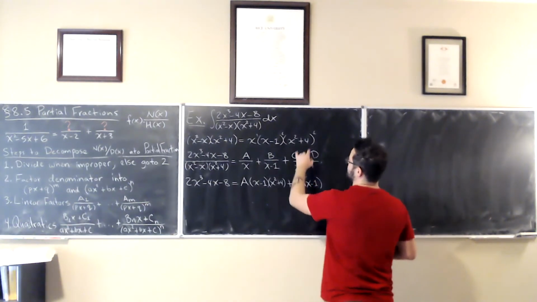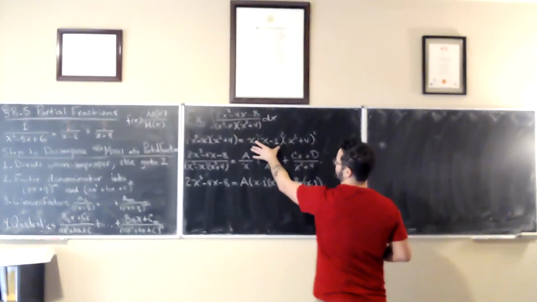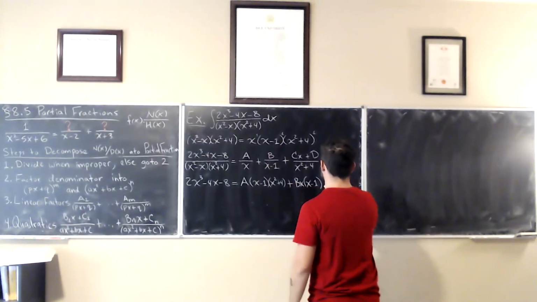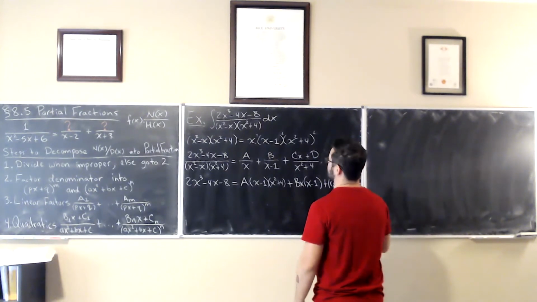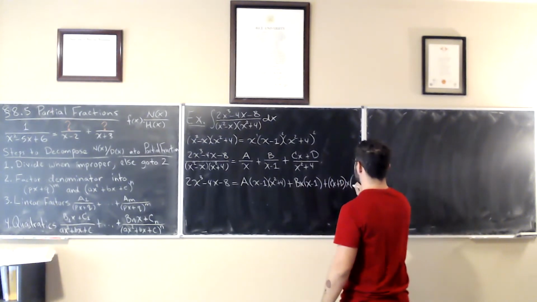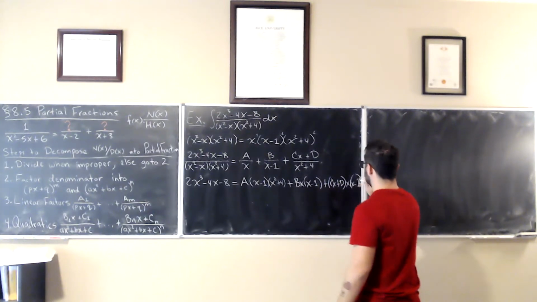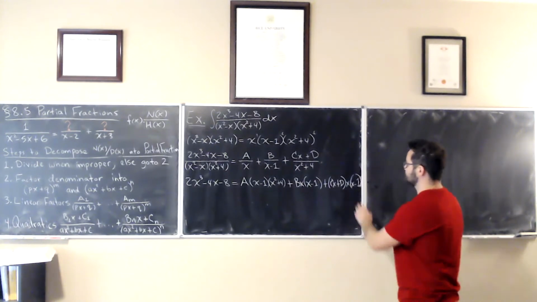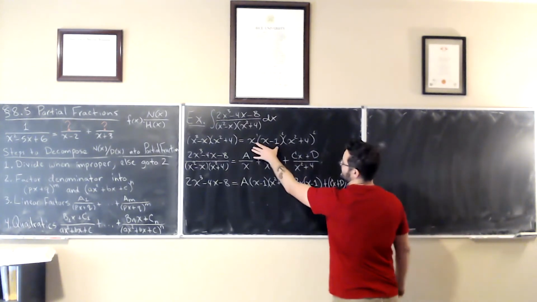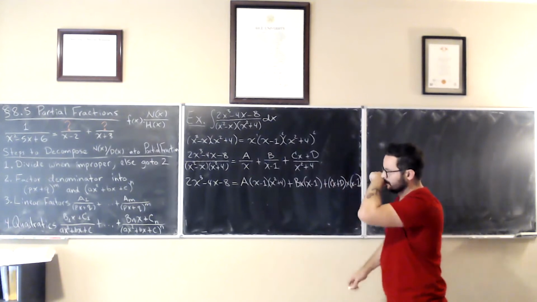And then for this piece, the x squared plus 4 divides out, and I'm left with that. So cx plus d times x minus 1, and x minus 1 over here, x times x minus 1, because that's left over when that gets divided up.